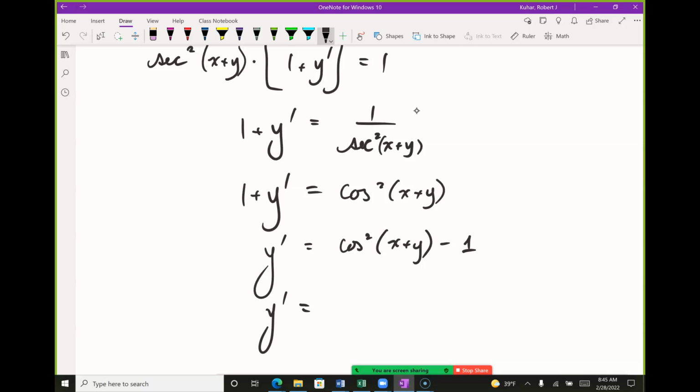Is it sine squared of x plus y? Almost. Just your coefficient's wrong. It's negative sine squared of x plus y. Right? 1 minus cos squared is sine squared, so this is negative sine squared.